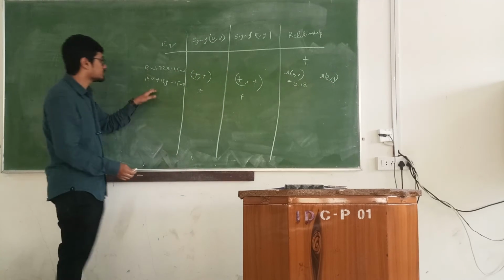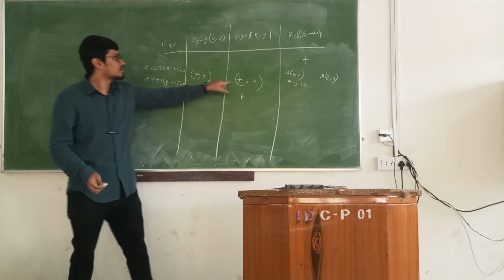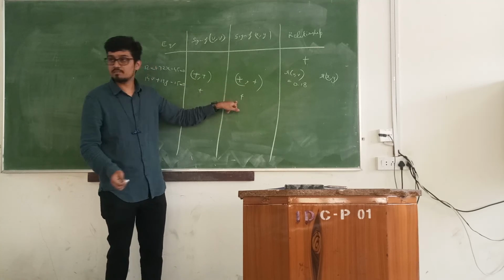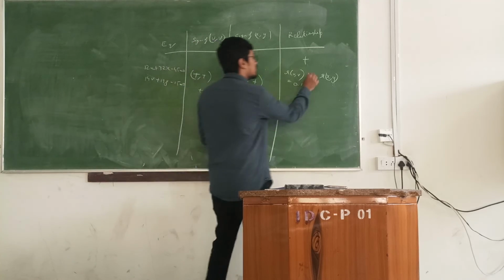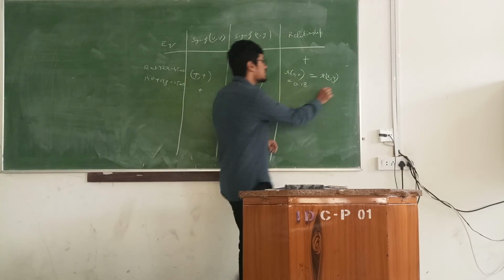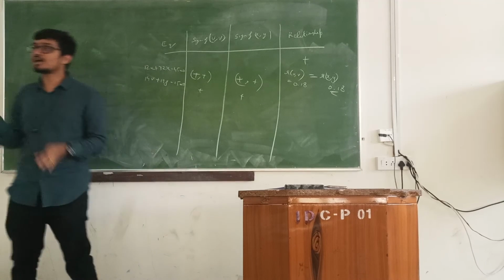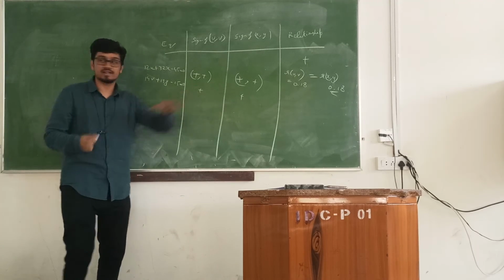What will you do? Check the signs of u and v and the signs of x and y. Both are plus into plus, so r of u and v is equal to r of x and y. So what will be your answer? 0.18. No need to calculate anything. This will be your answer.